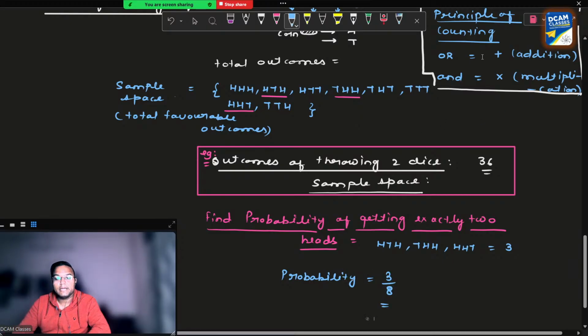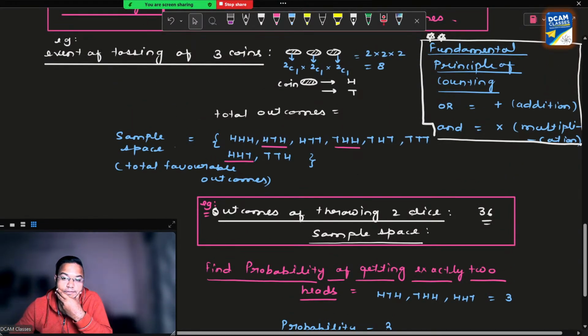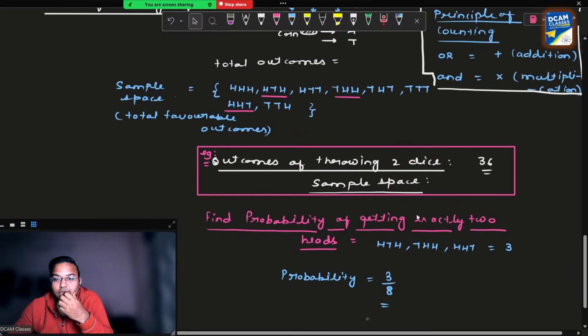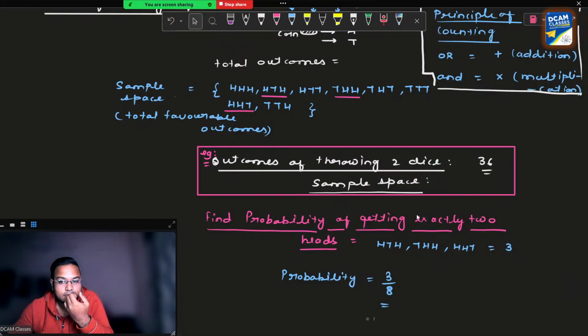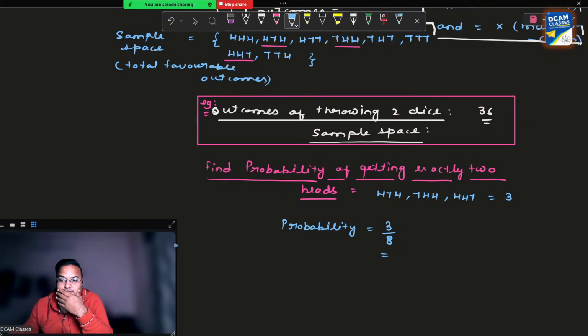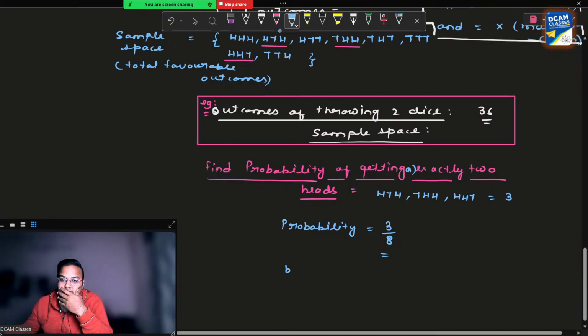Understood how to get the probability? Now just tell me what will be the probability of getting one head. What's the probability? Can you tell me?